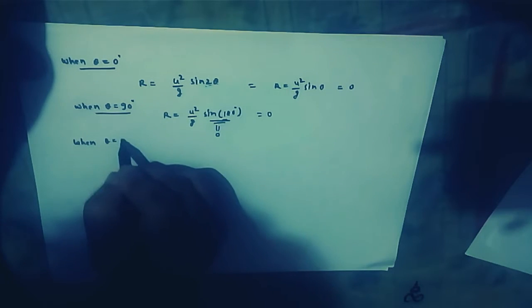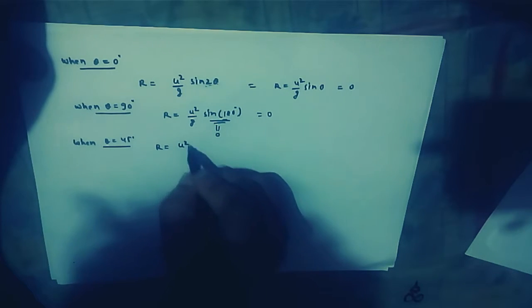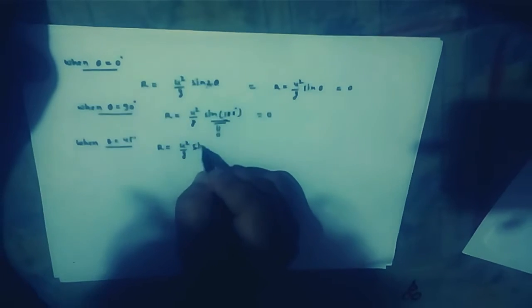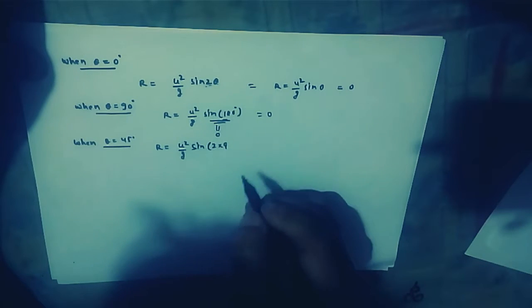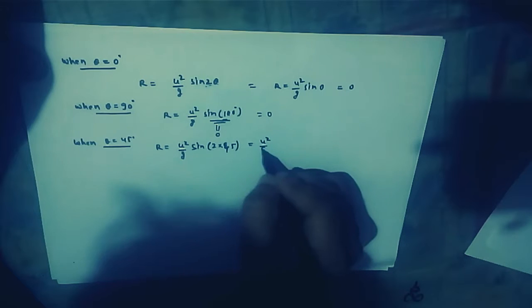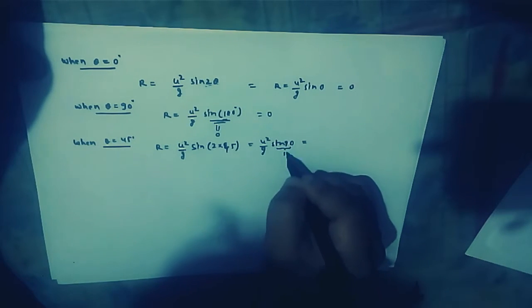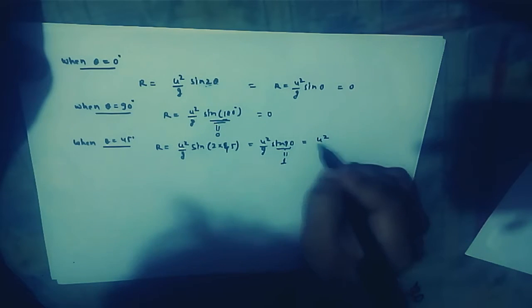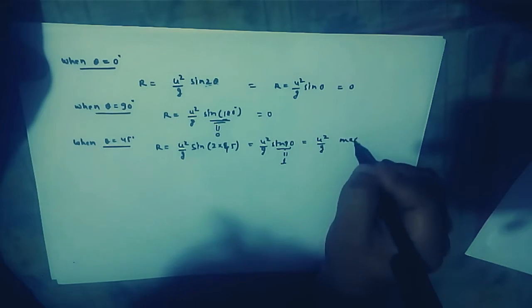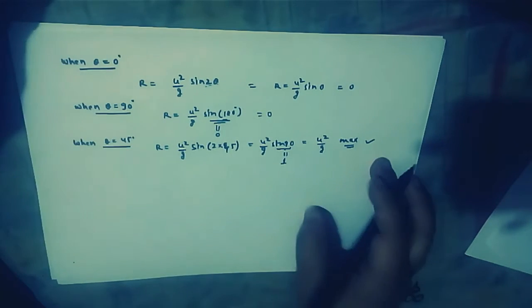So when theta is 45 degrees, what is your range then? Range is u square by g sin of twice 45, which is nothing but u square by g sin 90. Sin 90 is 1 effectively, so u square by g. This is the maximum value for a particular theta.